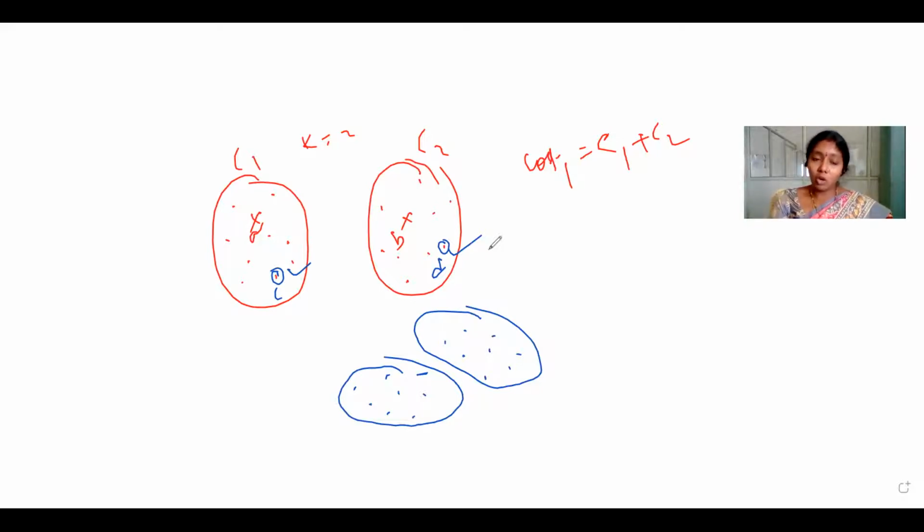And also, the particular object which was in cluster 1 in the first iteration may or may not belong to cluster 1 in the next iteration. It may fall under cluster 2 also.